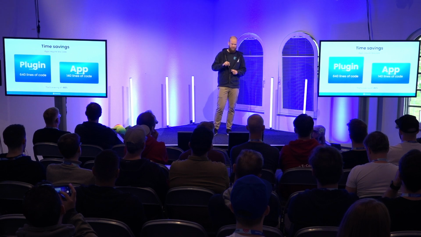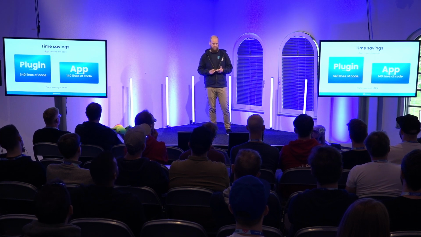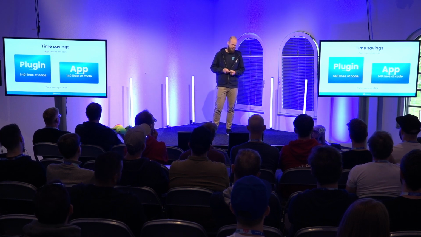So we have 640 lines of code for the plugin, and an app would need 140 lines of code. That's roughly a saving of 80%. This can be a saving of 80% of your work and time, which in most cases means your money.